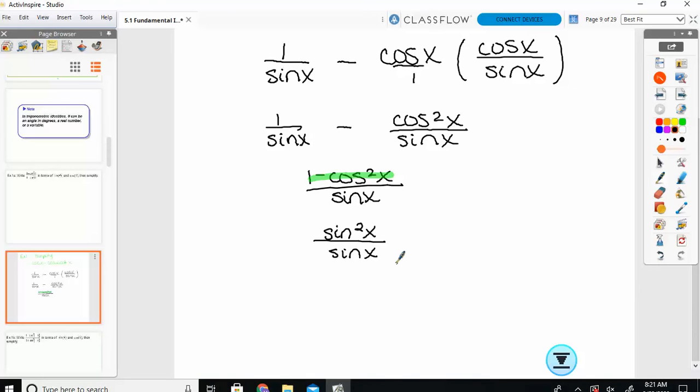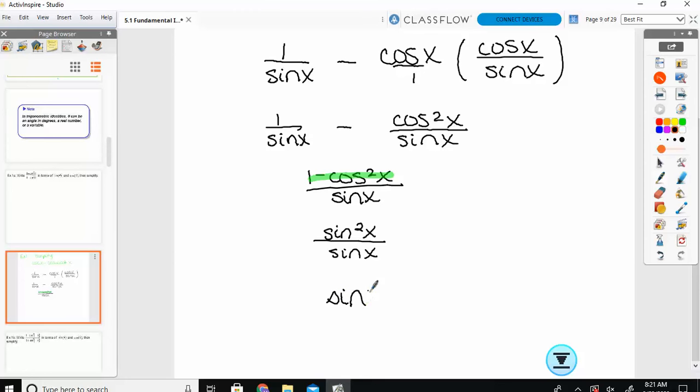Did I lose anybody right there? All right. What would sine squared divided by sine be? Sine. You can just cancel one of those sines.